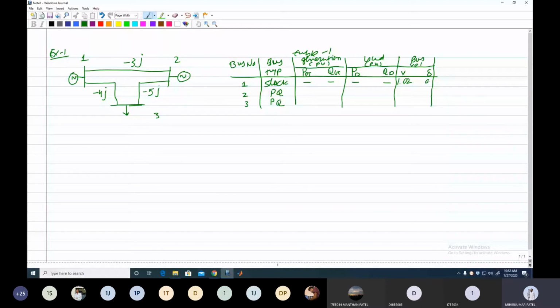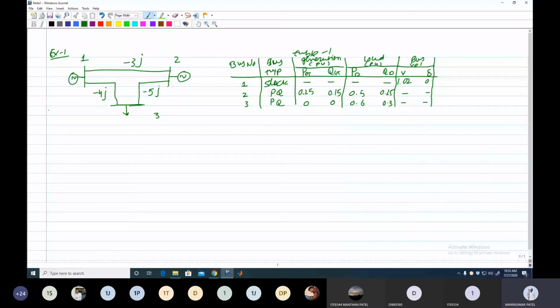At the PQ bus, bus number 2, PG is 0.25, QG is 0.15, PD is 0.5, and QD is 0.25. The voltage magnitude and delta are unknown. In the same way at bus number 3, PG and QG are 0, and the load is 0.6, 0.3, and the voltage is not specified.